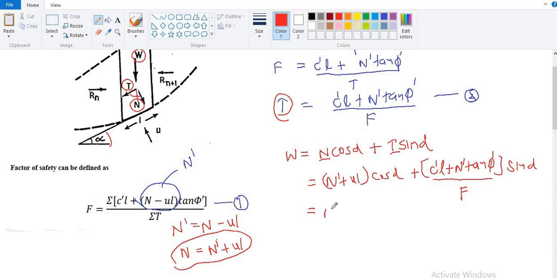I'm going to write N dash cos alpha plus UL cos alpha, and C dash L sin alpha divided by F plus N dash tan phi dash sin alpha divided by F.